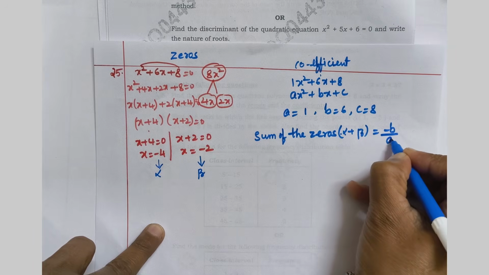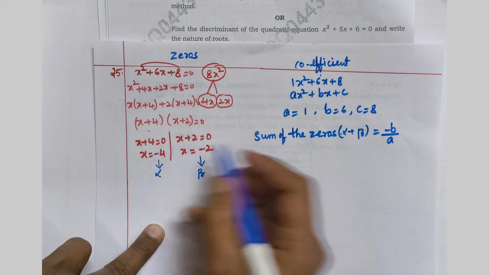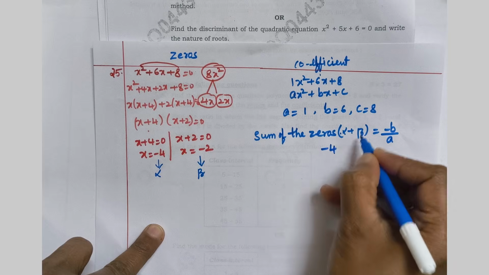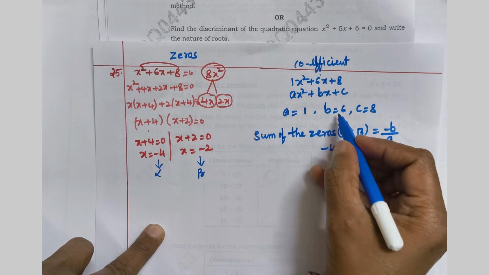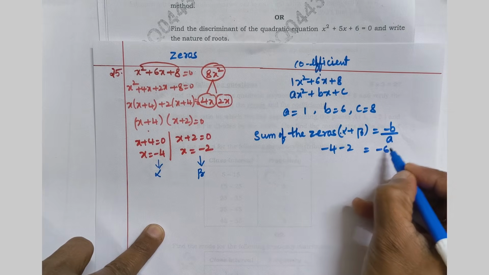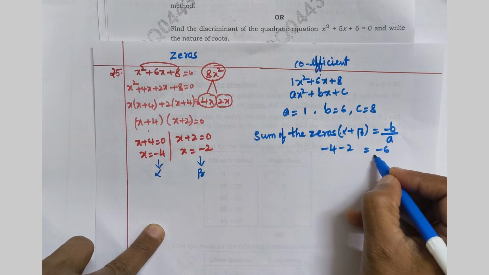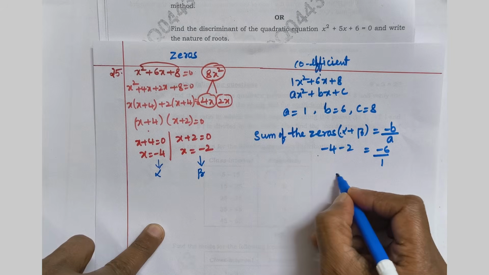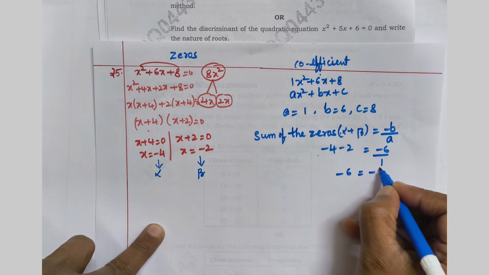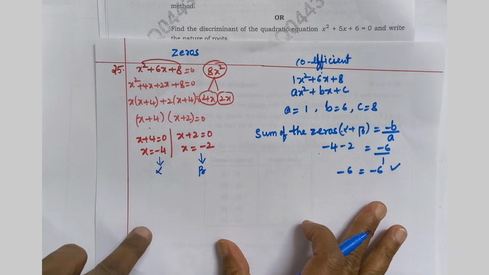Minus b by a. Alpha is minus 4, beta is minus 2. Minus b by a: b is 6, a is 1, so minus 6. Minus 4 minus 2 is minus 6, equal to minus 6. Sum of the zeros is finished.